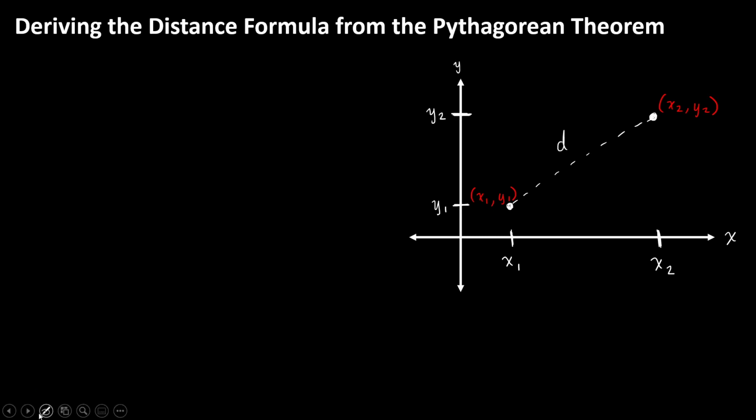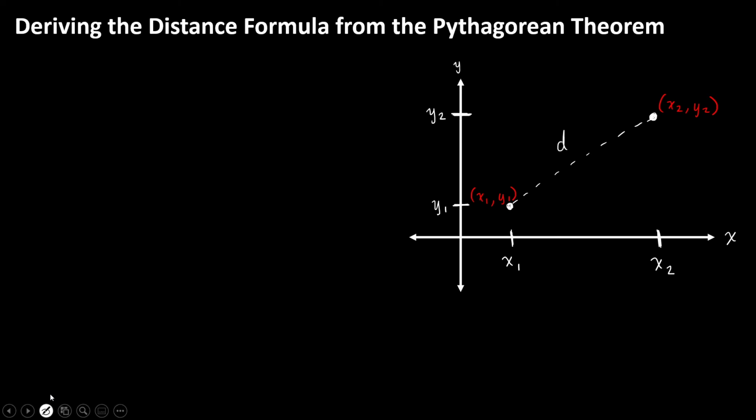So now we're going to work with something called the distance formula. And there is a way to manipulate the Pythagorean theorem. There's a way to change it around algebraically so that we can find the distance between any 2 points without an image.